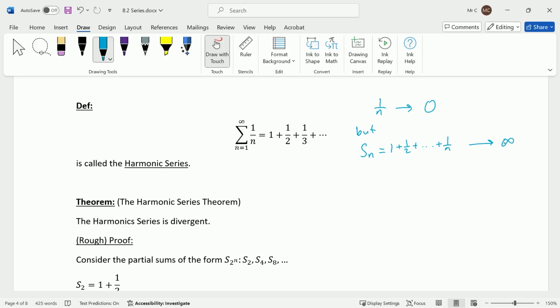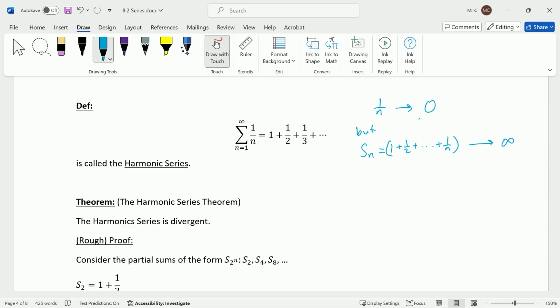So one of the most common mistakes that students make in dealing with series is they think that they can just look at the sequences. If they know if the sequence converges or diverges, that'll tell them if the series converges or diverges. But that is never sufficient, and that's exactly why the harmonic series is such a key example, because here we know that the sequence 1 over n does converge.